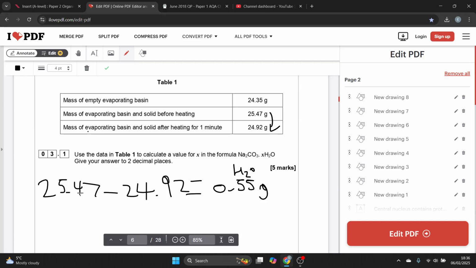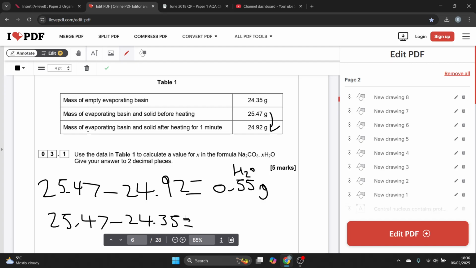Then if I want to find out the mass of Na2CO3, it's going to be 25.47 minus 24.35. No, sorry, it's not going to be that, is it?